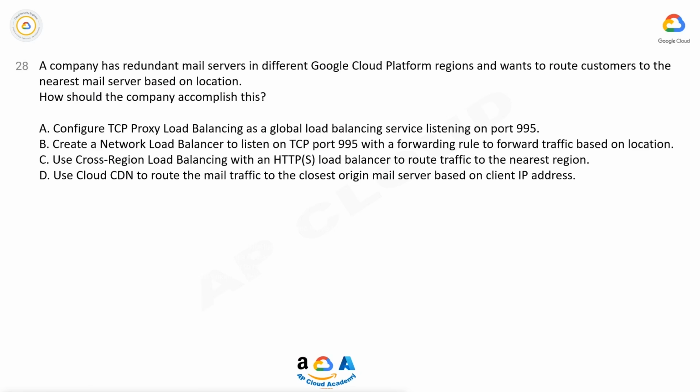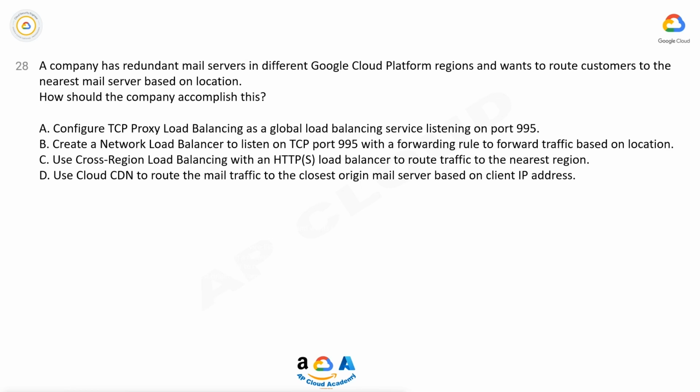28. A company has redundant mail servers in different Google Cloud Platform regions and wants to route customers to the nearest mail server based on location. How should the company accomplish this? A. Configure TCP proxy load balancing as a global load balancing service listening on port 995.